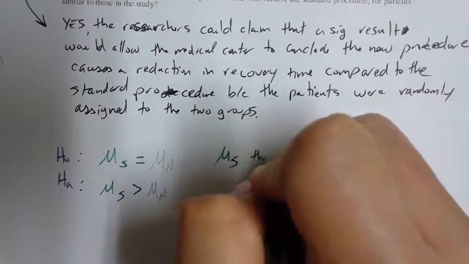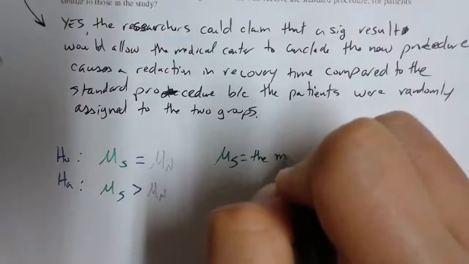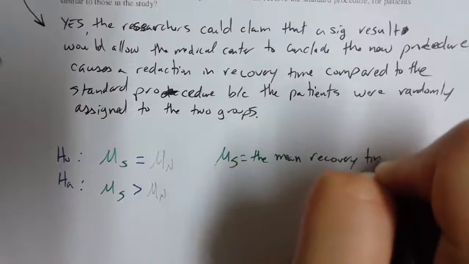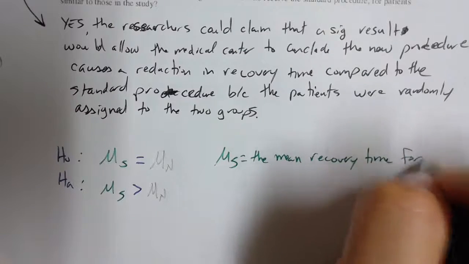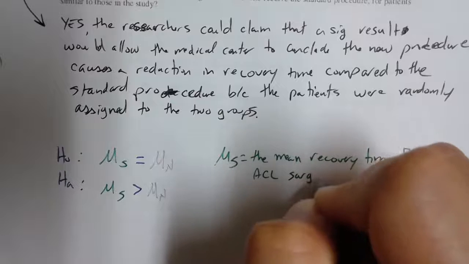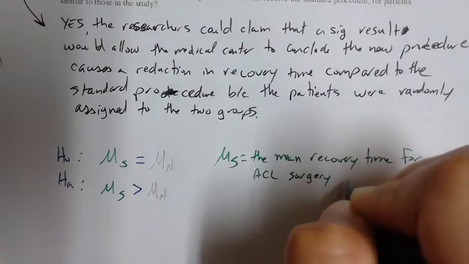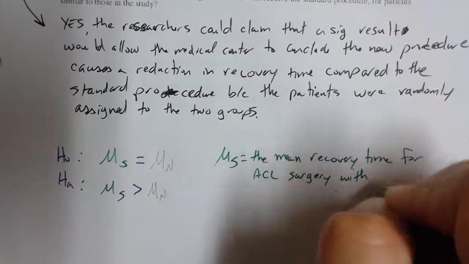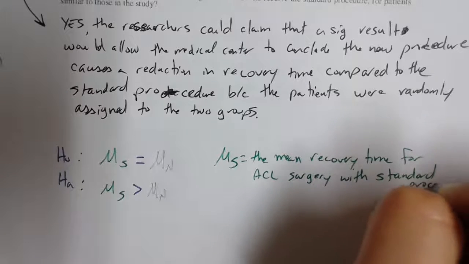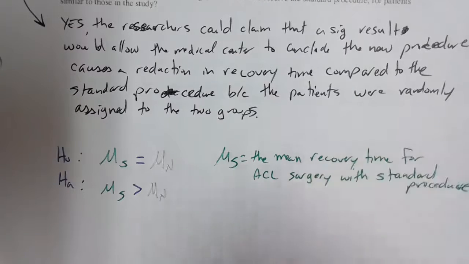So mu of S here is the mean recovery time for ACL surgery with standard procedure. And use the letter N for new here.